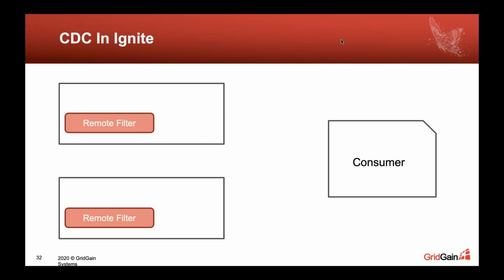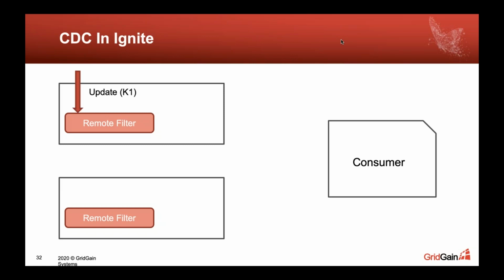Here I prepared a short example of how continuous query may execute in Apache Ignite. So here we have two nodes and a client which is named consumer. The client executed a continuous query and installed a remote filter on both of the nodes, because continuous query installs the remote filter on all the data nodes for the cache for which it gets executed.